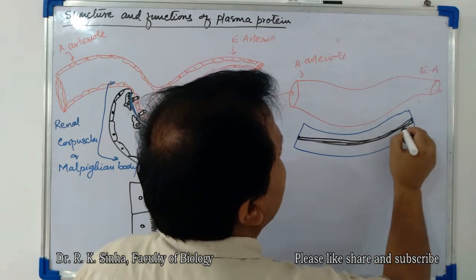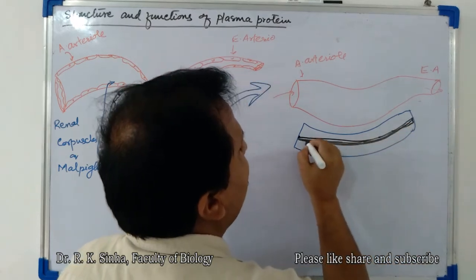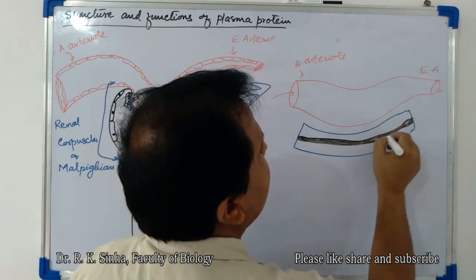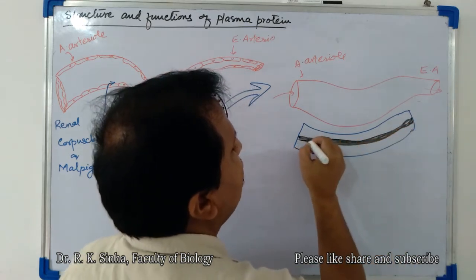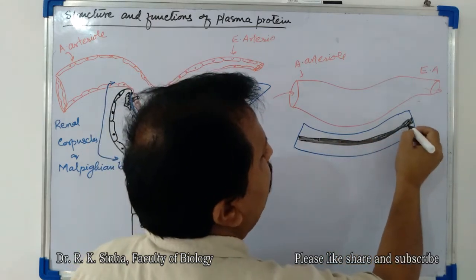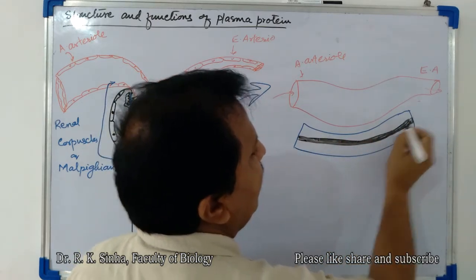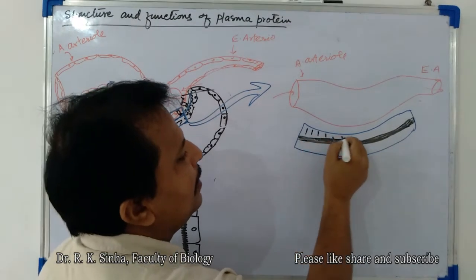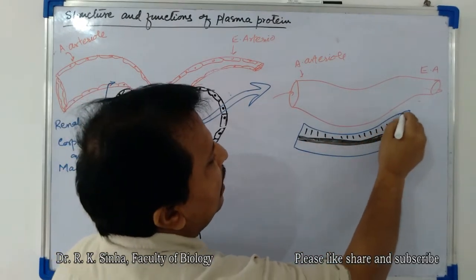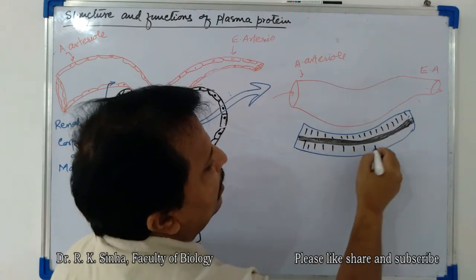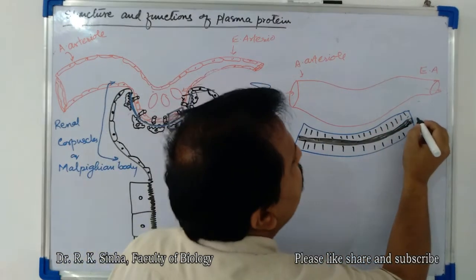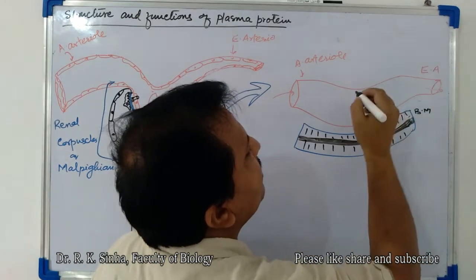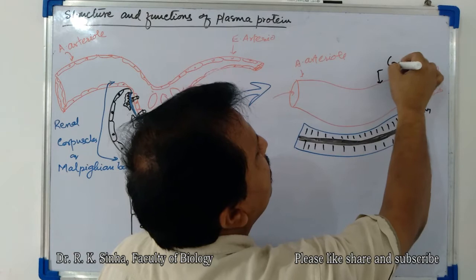As we know, collagen is the most abundantly found protein in the animal kingdom. There are different types of collagen protein: type 1, type 2, type 3, type 4, like this. So this layer is part of the basement membrane, and this is the glomerulus.